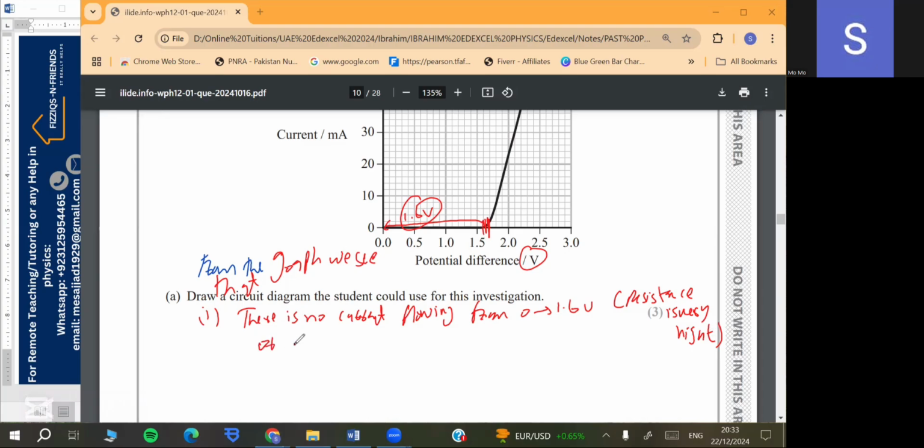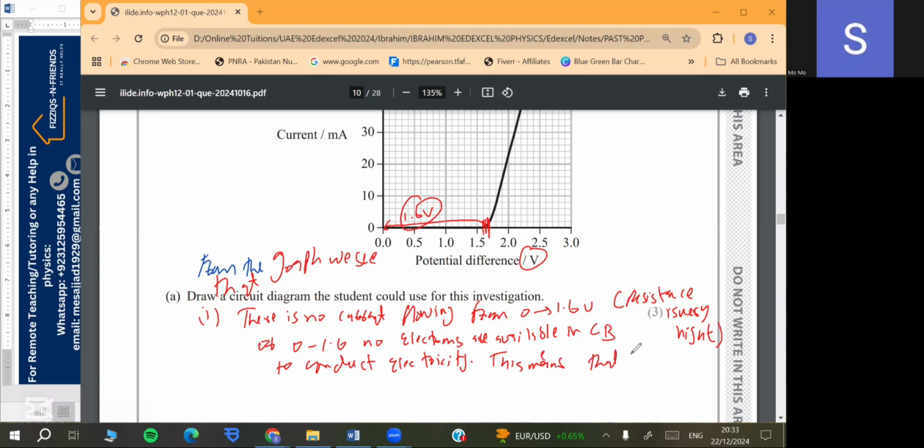Okay, or from 0 to 1.6, no electrons are available in the conduction band to conduct electricity. This means that the resistance is high, from 0 to 1.6 volts.